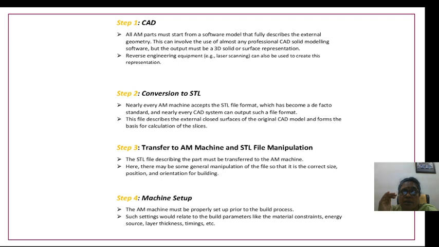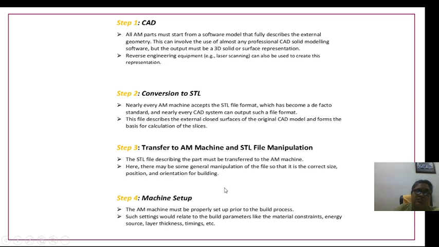There may be some general manipulation of the file so that it has the correct size, position and orientation for building. So once you transfer the STL file to the AM machine, one should check for general manipulation of the file, such as the correct dimensions.